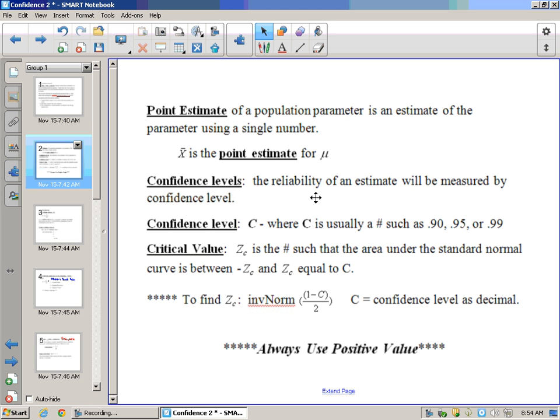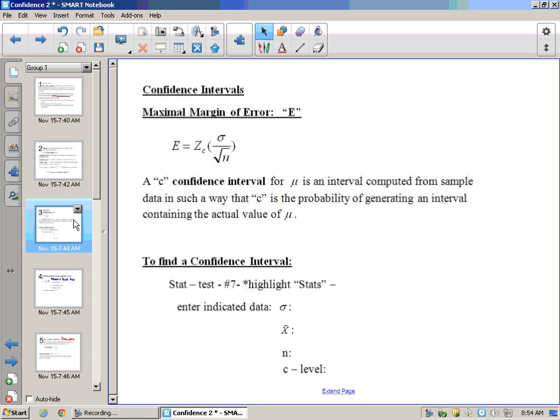I suggest you copy down the table. It's on page 370 in the pink. Remember, if you're going to do it by calculator, inverse norm, we're always going to use the positive value. But again, I would go to page 370 in your textbook.